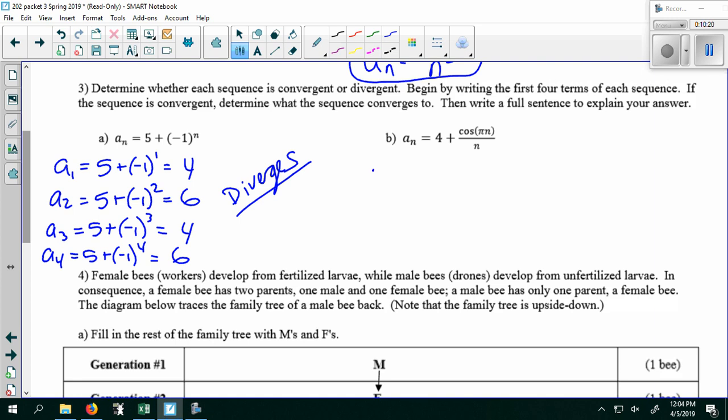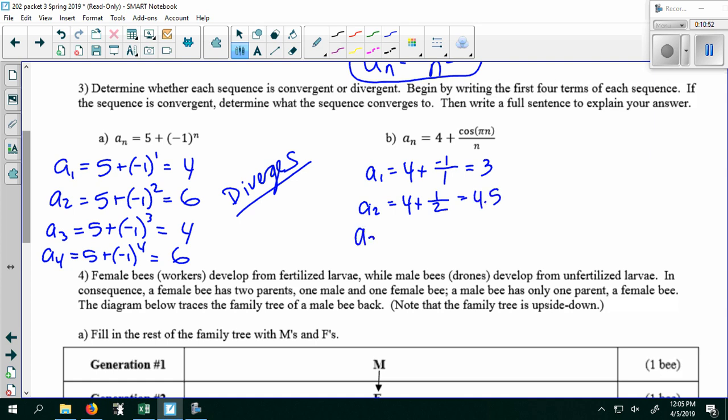Okay, so for b, the first term is 4 plus the cosine of pi over 1, which is negative 1. So 4 plus negative 1 is 3. a2 is 4 plus the cosine of 2 pi, which is 1, over 2, so this is 4.5.